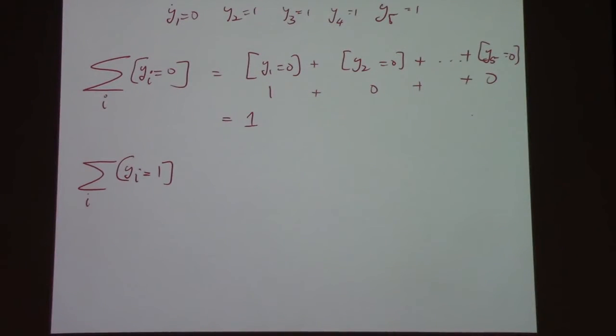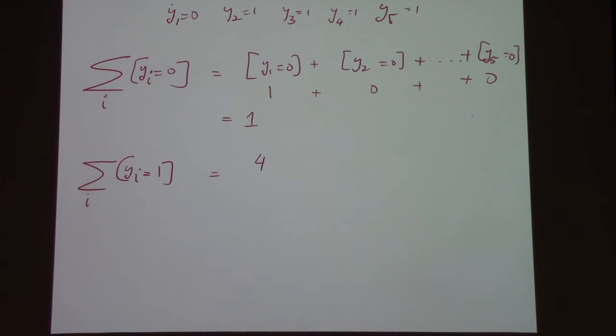This is simply the indicator that y1 equals 0 plus the indicator that y2 equals 0, and so on. y1 is actually 0, so this is 1. Everything else is not true, so really this is equal to 1. Similarly, the sum of the indicators that yi equals 1 over all the i's is 4. So summing over indicators gives you counts. The count function is simply sums over indicators.